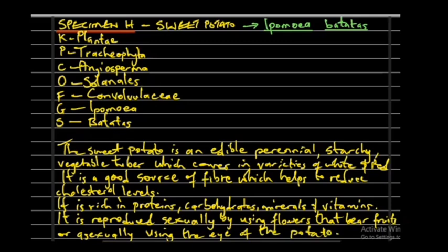So perhaps you are asked to differentiate between the sweet potato and the Irish potato. One major nutritional difference between the Irish potato and the sweet potato. The scientific name of the Irish potato is Solanum tuberosum.